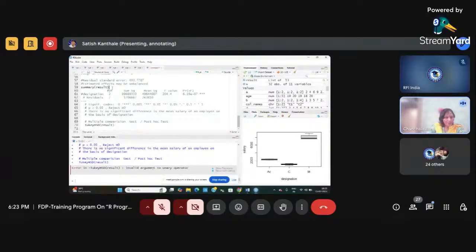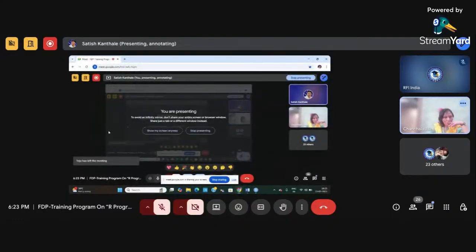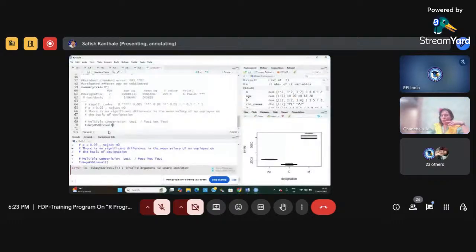When you typed this function name, it was showing in the prompt. Yes, ma'am. I'll make one more attempt. You select it. Need to give inverted commas? No, nothing.